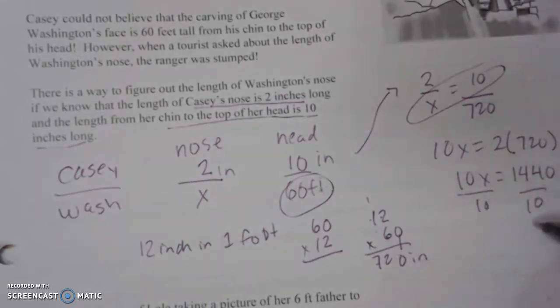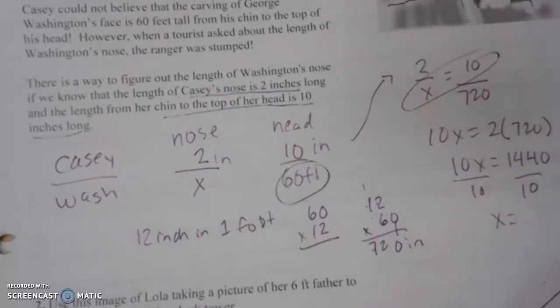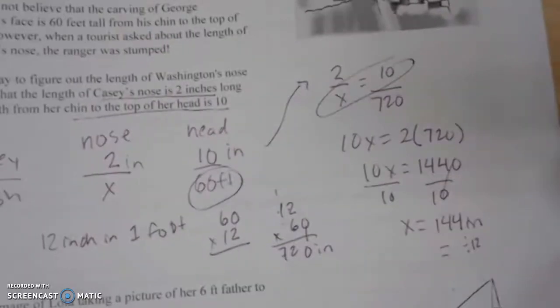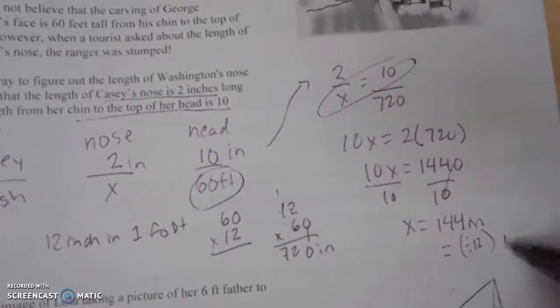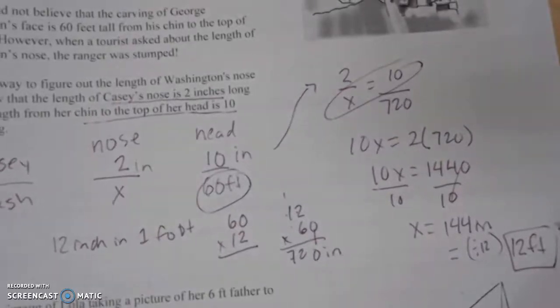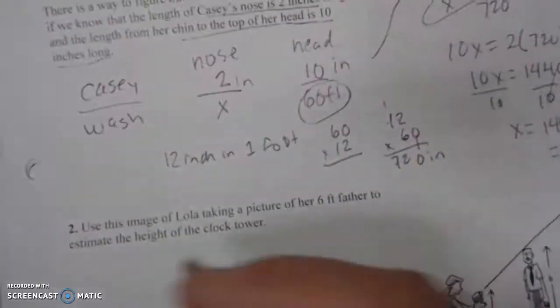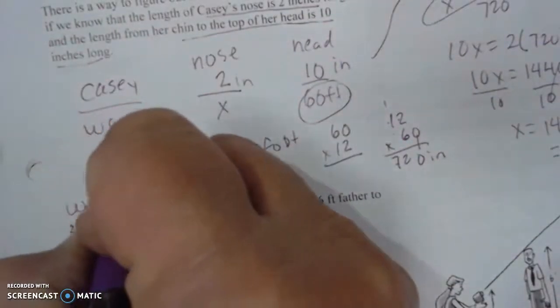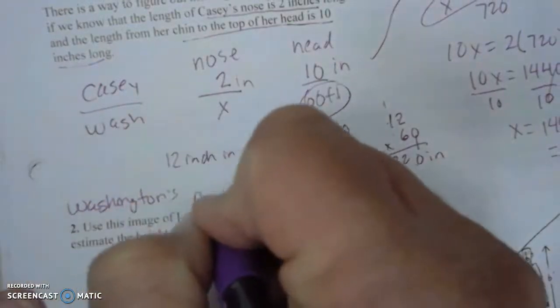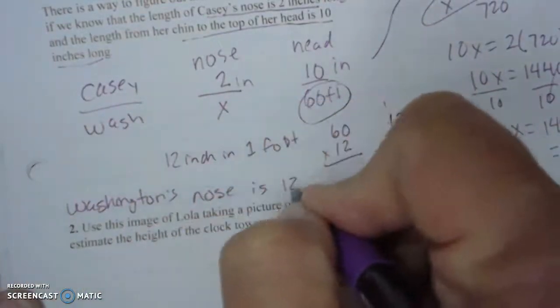Divide both sides by 10. x equals 144 inches, and if I divide by 12, it's equal to 12 feet. So his nose is 12 feet long. Usually with a word problem like this, you would write your final answer: Washington's nose is 12 feet.